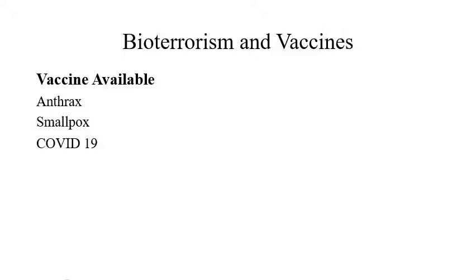Smallpox, referred to as speckled monster disease, we've had recorded cases of smallpox as far back as 10,000 BC. It's caused by the variola virus, and it's spread through the air. Smallpox became eradicated from the world in 1977 through stringent vaccination programs.